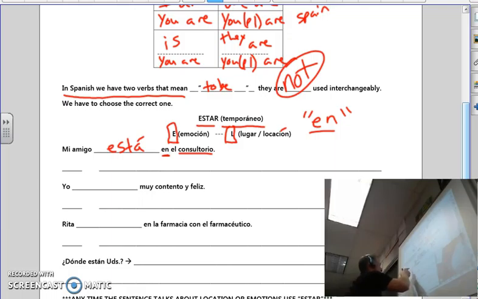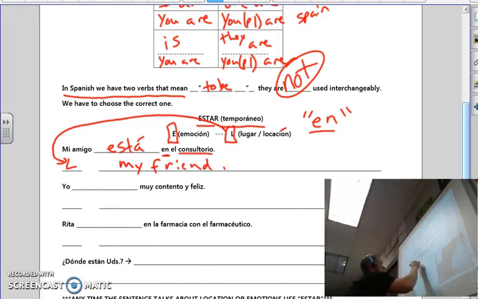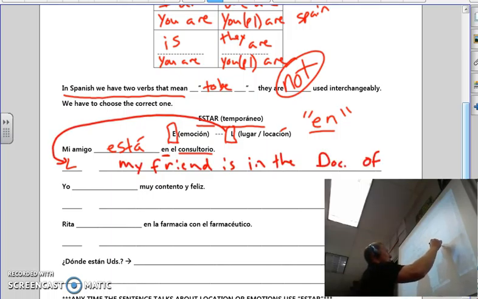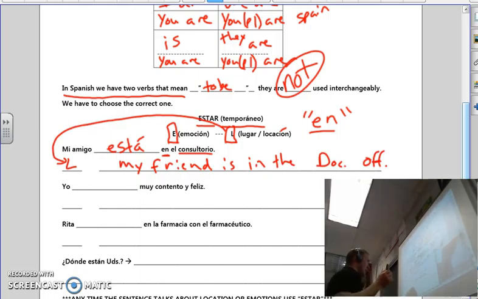Mi amigo está en el consultorio. So here, it's location, so I put my L. See that? Labeled it L. And it says, my friend is in the doctor's office, or the examination room.